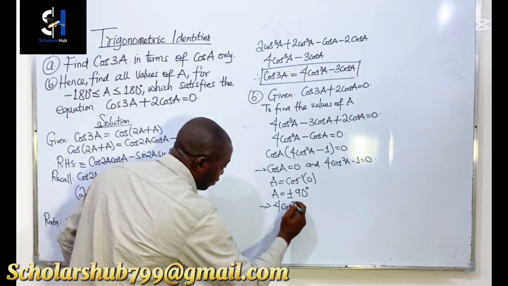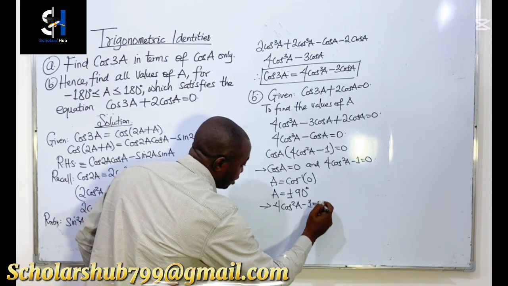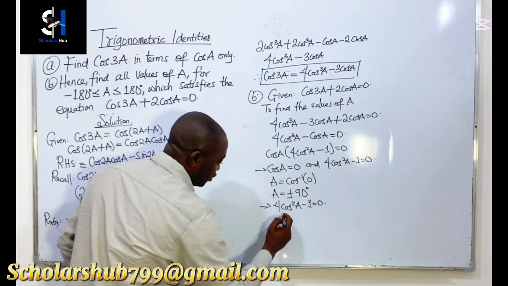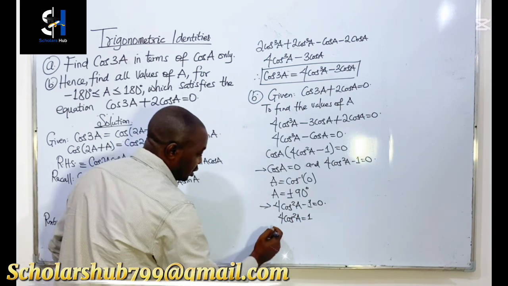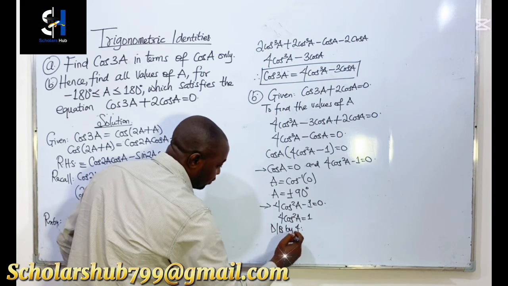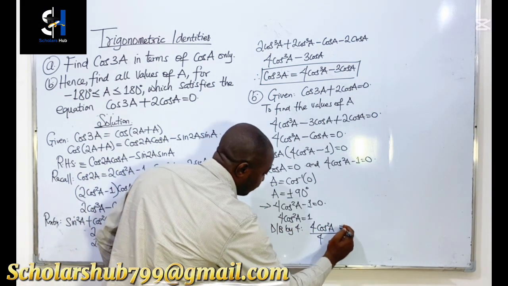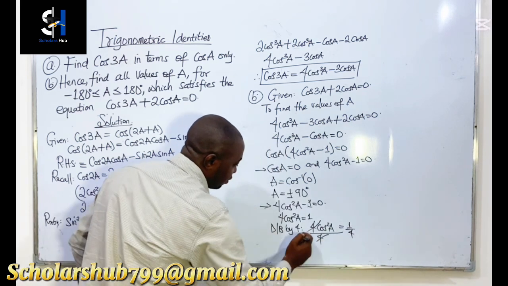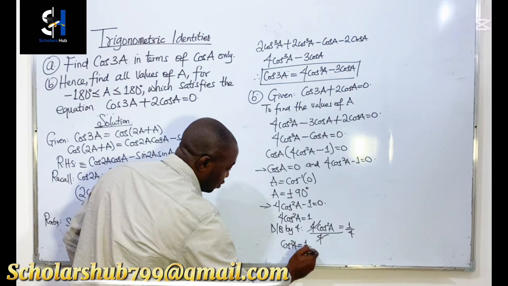Then the second equation is 4 cos²A negative 1 equals 0. So first, let's move this to the other side. So we have 4 cos²A equals 1. Now we divide both sides by 4, so that 4 cos²A divided by 4 will be equal to 1 over 4. So that cos²A is equal to 1 over 4.